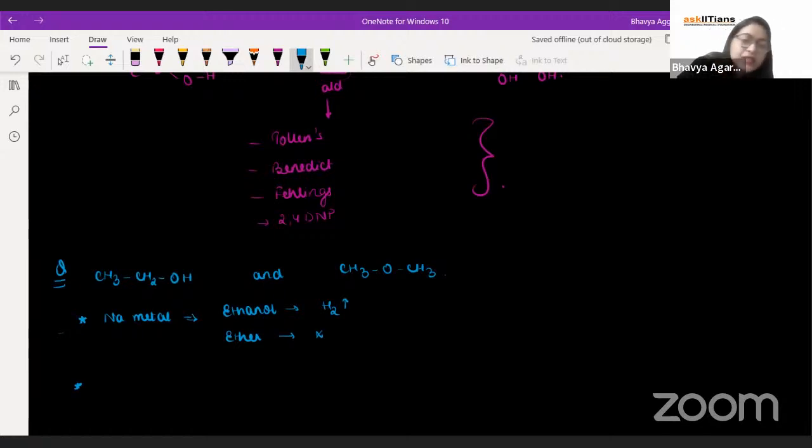Iodine. Oh yes, this can also be done with the help of the iodoform test. Ethanol will give it, whereas ether won't.